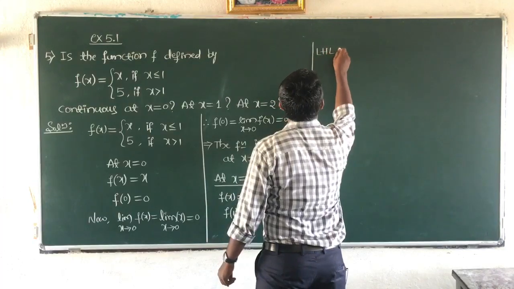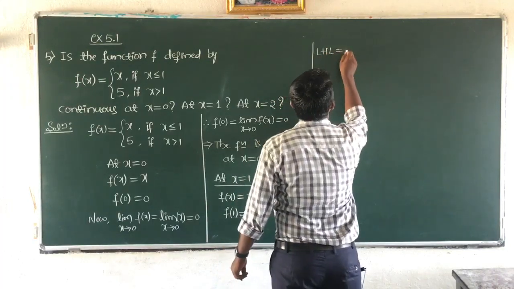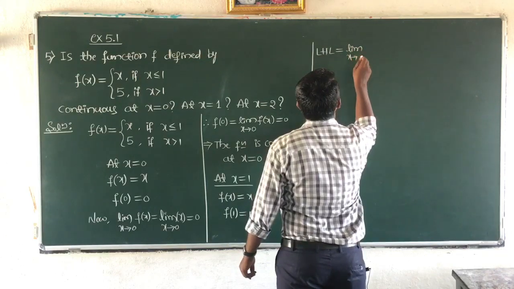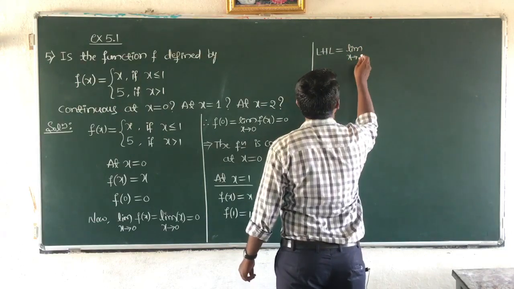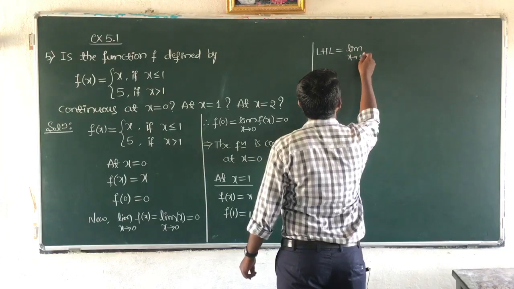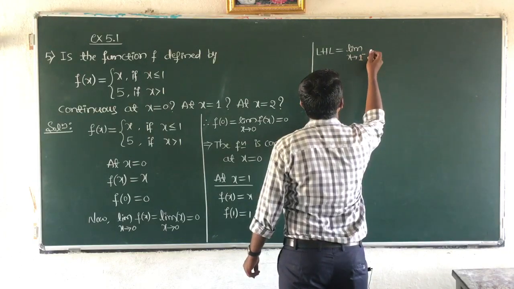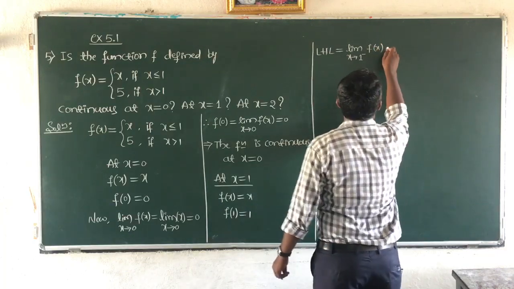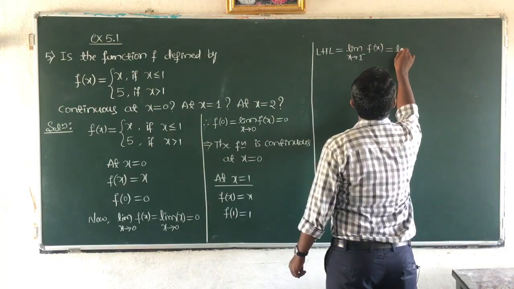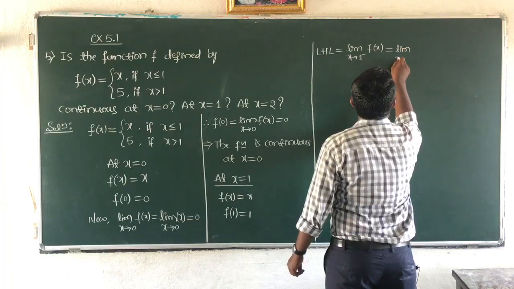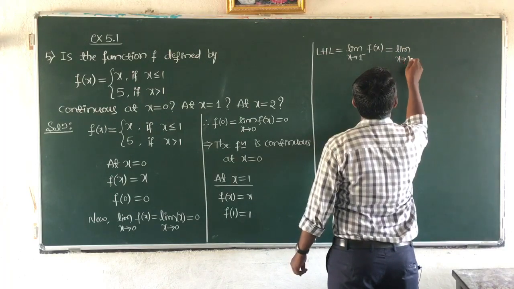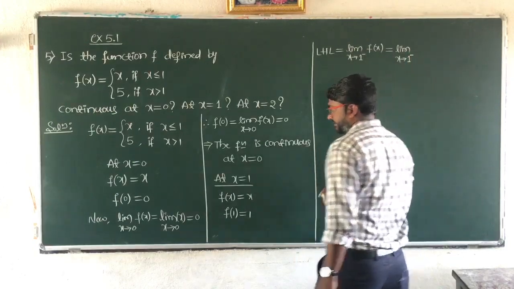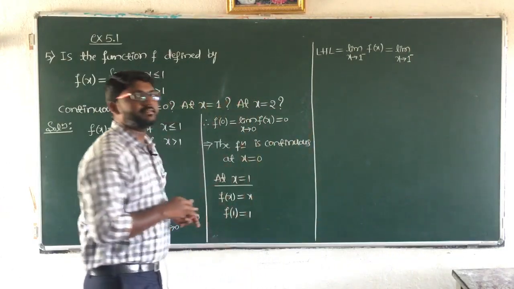LHL is equal to limit x tends to 1 minus of f of x, which is equal to limit x tends to 1 minus. 1 minus means it is less than 1.